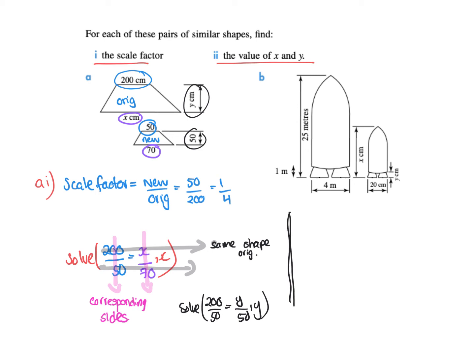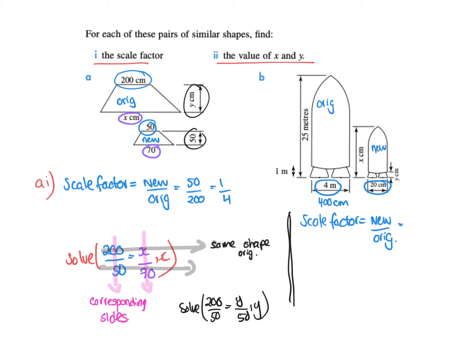So here with this one, with the scale factor, we do need to make sure we're using the same units, because otherwise we can't really say how it's shrunk properly. So I'm going to use a side we have both of. This is 4 meters. I'm going to change that to 400 centimeters, so I'll call this the original and this the new.